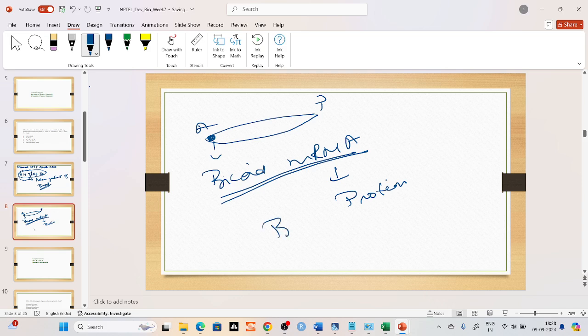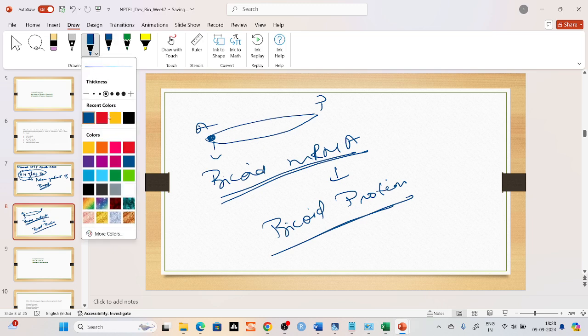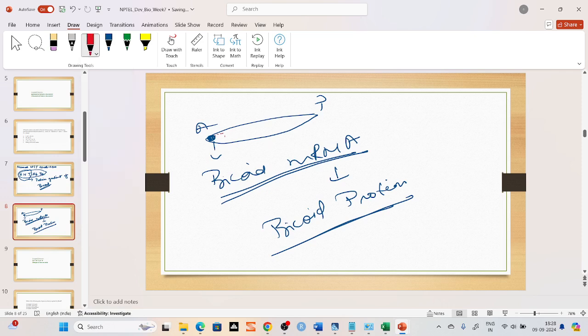That is bicoid protein. Now this bicoid protein forms a gradient like this. And this gradient decides whether head and thorax would be developed or not.